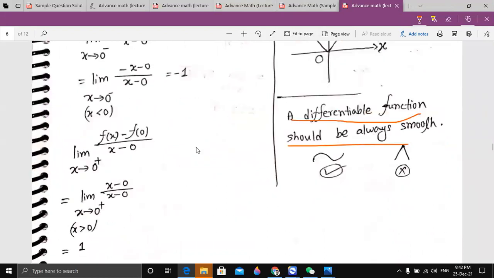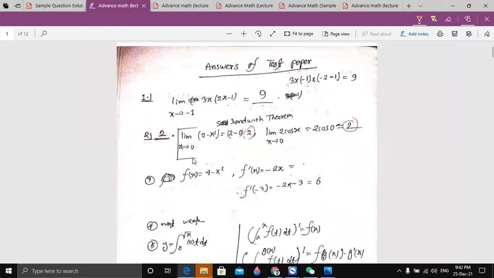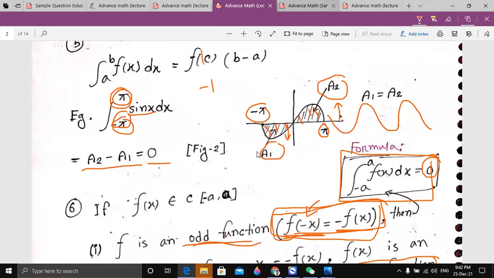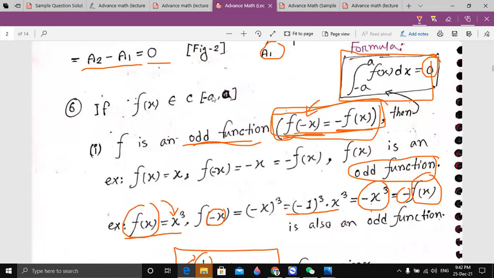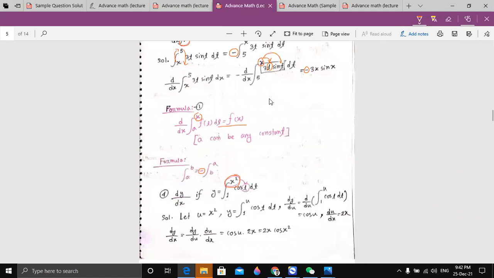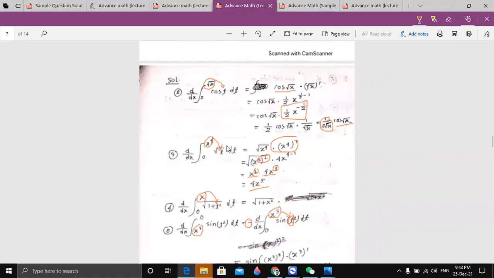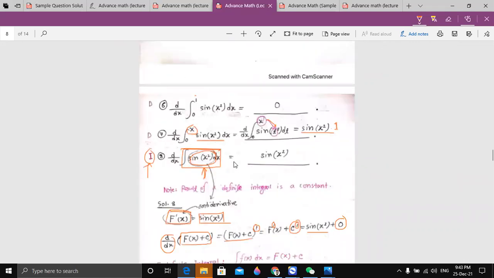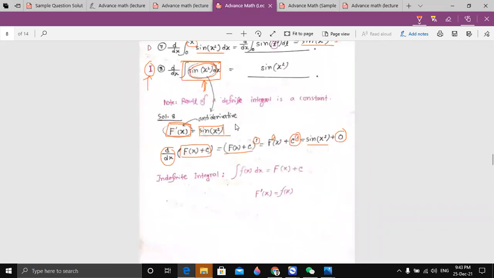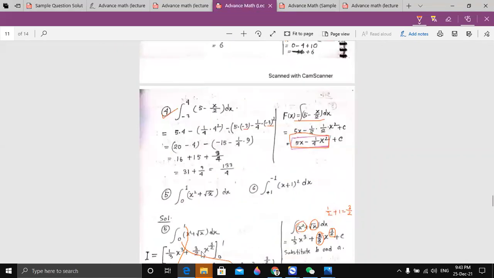But this step is not so clear, maybe some mistake here. Oh no. Lecture 3, where am I going?